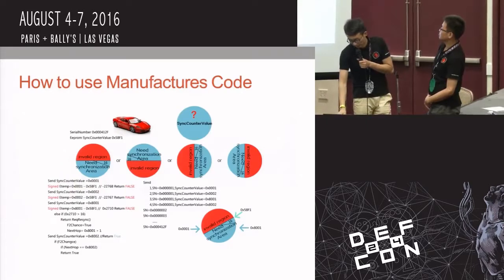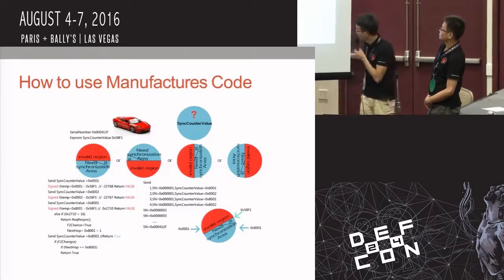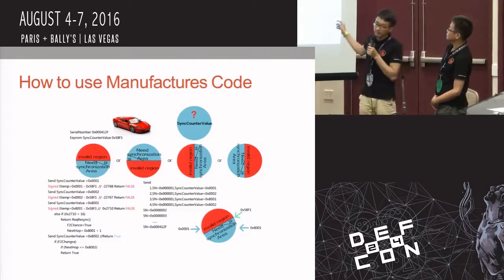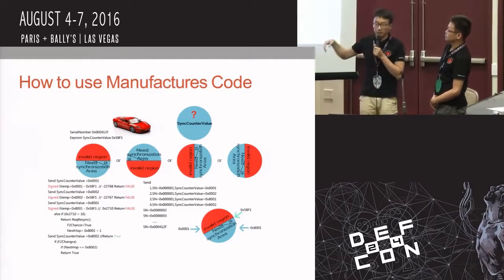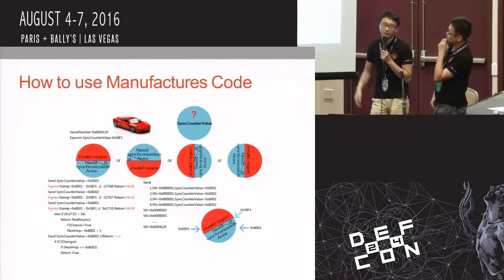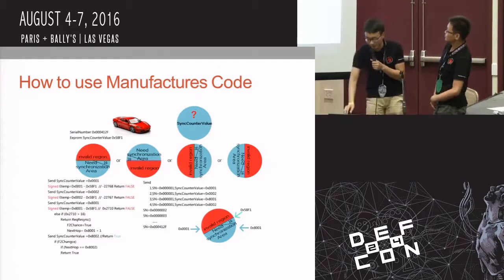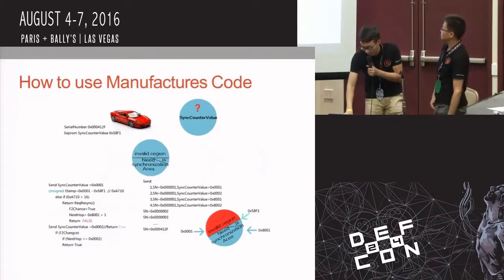Once you find the manufacturer code, you can use the same method to generate the encryption key and use the encryption key to decrypt the rolling code. After you decrypt the rolling code, you can do whatever you want. Without further explanation, I think everybody can understand the consequences.